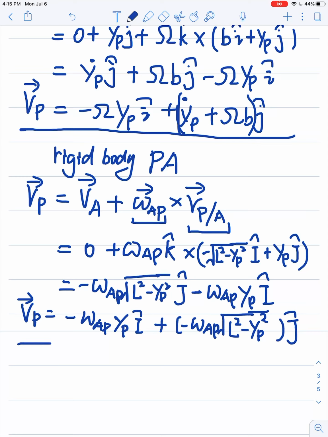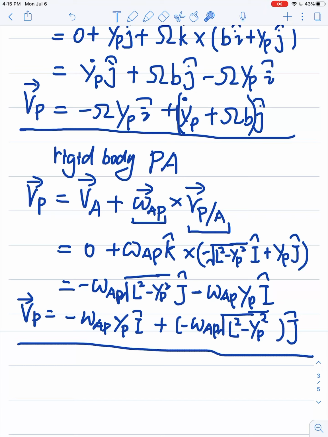Okay, so far we end up with two expressions for VP. One is something small i plus small j. Another expression we got is VP equals something big I plus big J. And what should we do? How can we use these two equations to find the unknowns, for example, YP dot or omega AP?